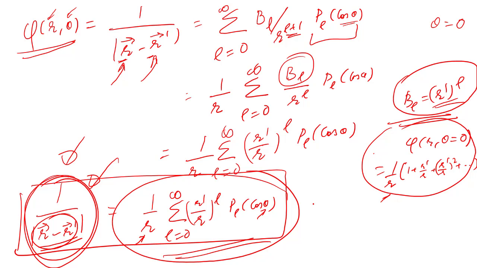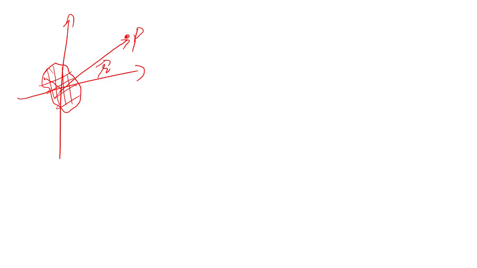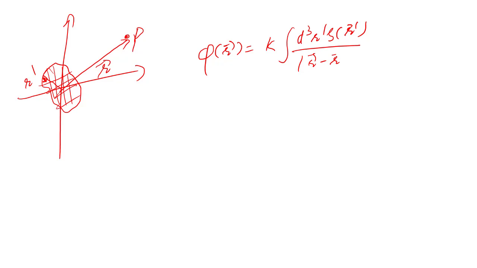So now we have gotten this important equation. We can go back to the potential of an arbitrary body, right? Like I explained in the beginning of this lecture, if I have some point P here, this is r, and if I go around with r prime, then I can write phi of r as k times the integral d cube r prime, rho of r prime over the magnitude of r minus r prime.